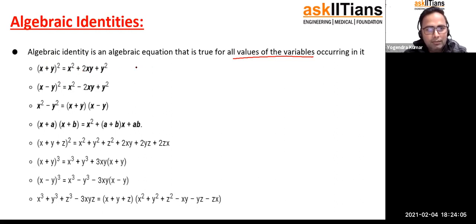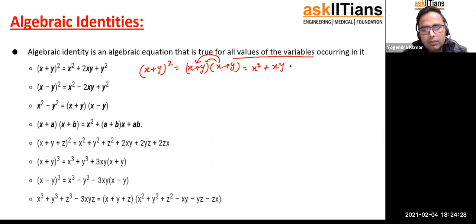So let's verify this. x plus y whole square is nothing but x plus y into x plus y. So x will be multiplied to x and to y, which gives x square plus x into y, that is xy. Then y does the same thing: y multiplies with x and with y, so xy plus y square.